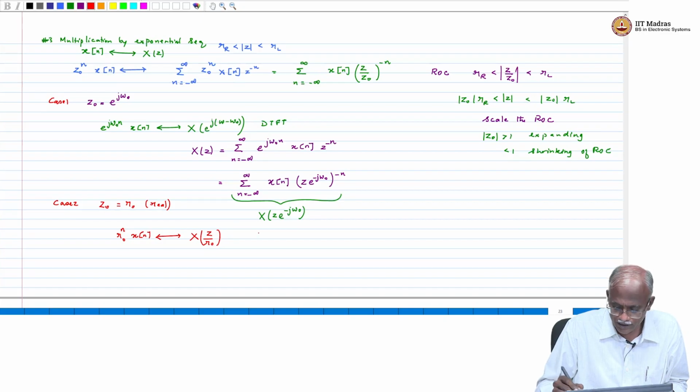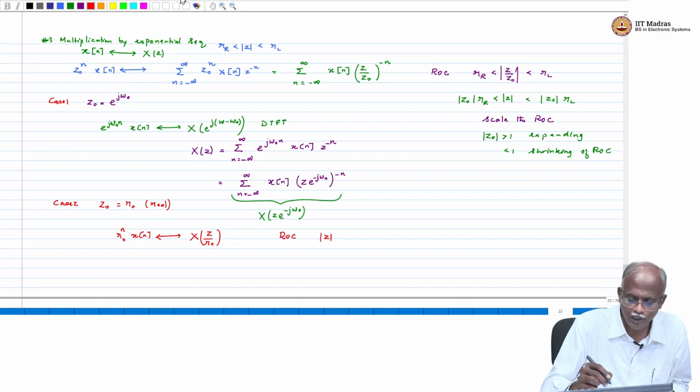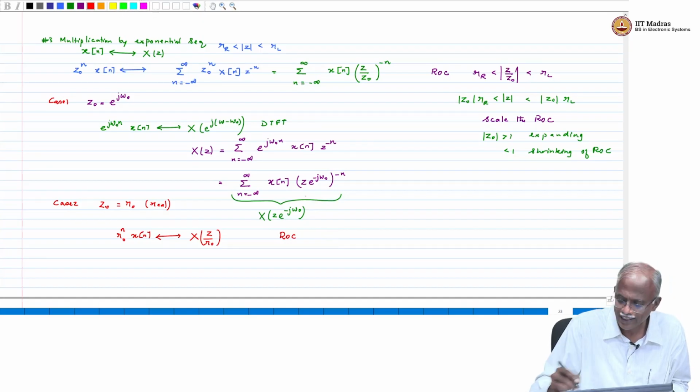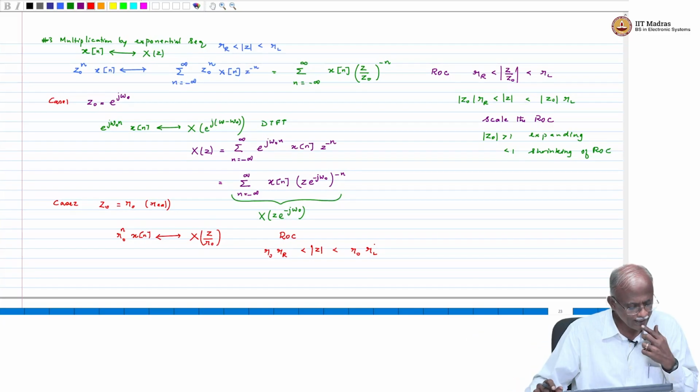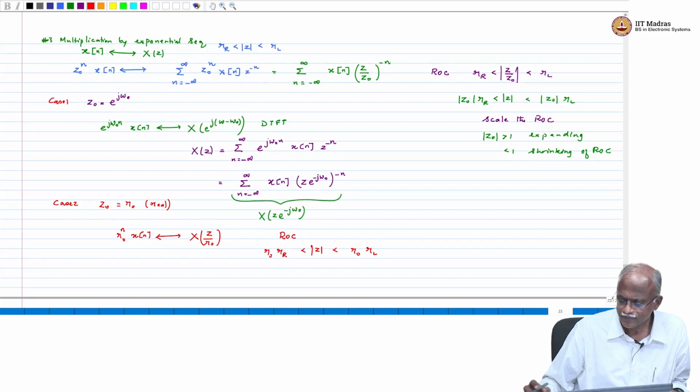And this is going to affect your ROC. The ROC is going to be, depending upon the limits, mod z greater than R naught times RR and less than R naught times RL. So basically it's going to result in a scaling of this function.